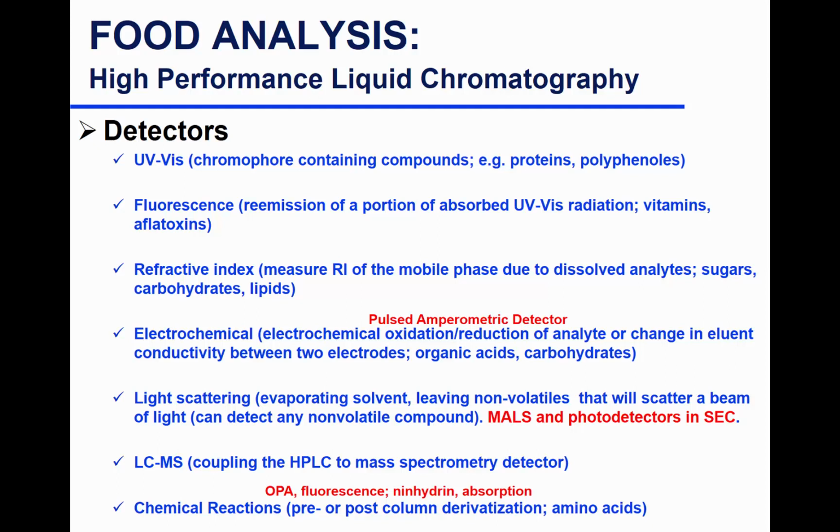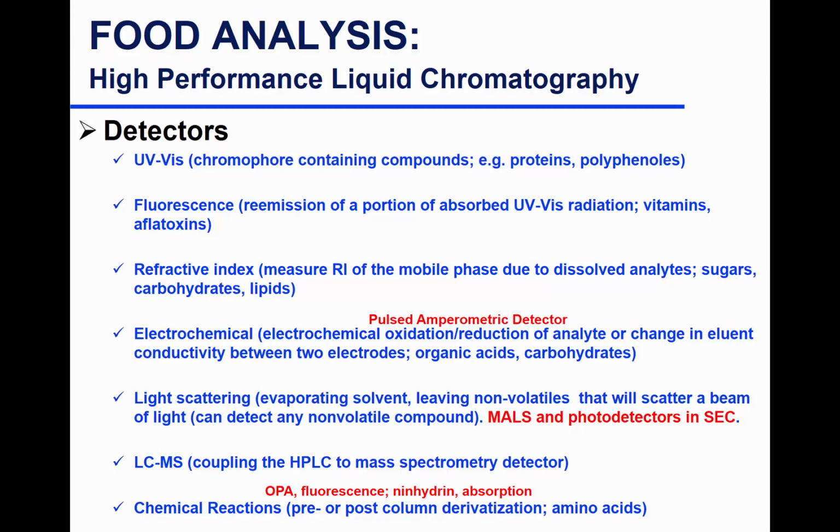It's not a very sensitive tool, so you really have to have higher concentrations in order to be detected. So it's not as sensitive as UV and fluorescence. Now, with refractive index detection, you cannot do a gradient elution. It has to be isocratic. Why is that? So it'll record the change when you do the gradient?